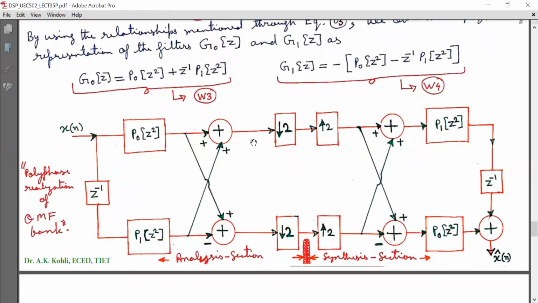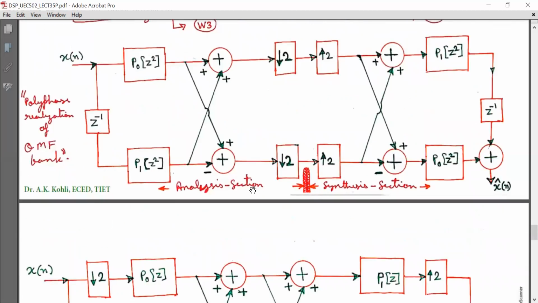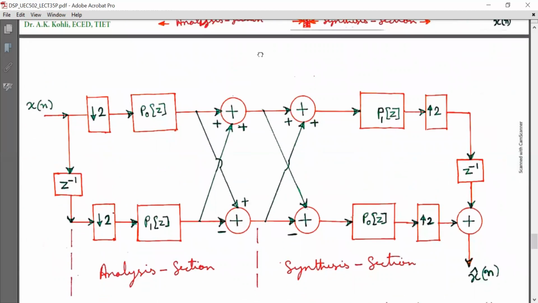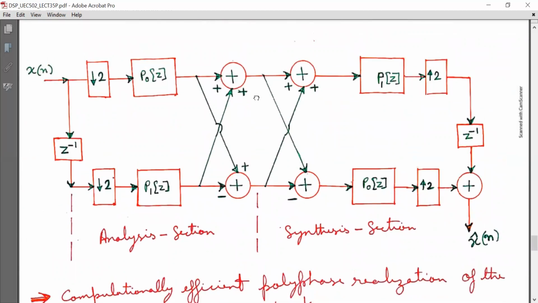This is not a direct swap; we need to modify it. So we will modify it as per the first noble identity.